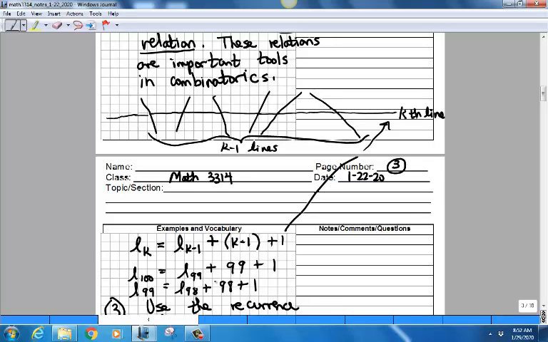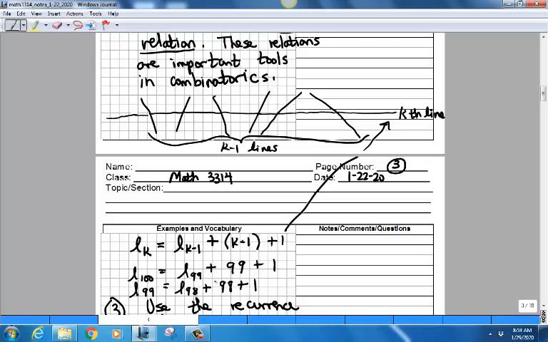At least we can answer the questions eventually if we were just desperate to know what L of 100 is. But what I'd really like is a formula for L sub k that depends on k, where I don't have L sub k minus 1 in the formula. So some formula involving k that doesn't require me to compute L sub k minus 1.